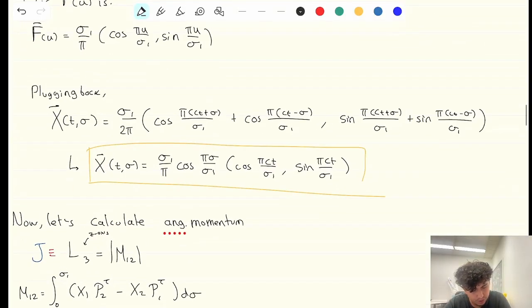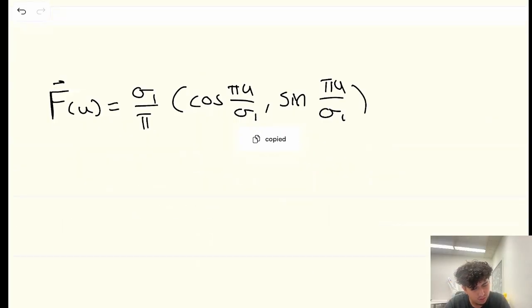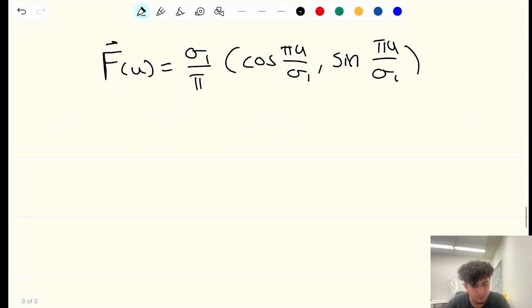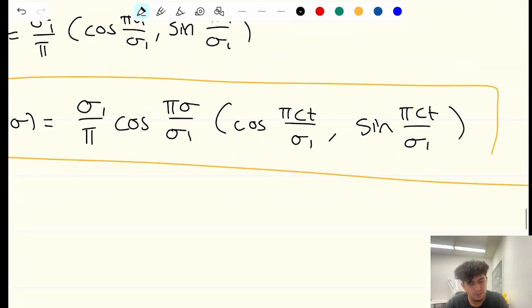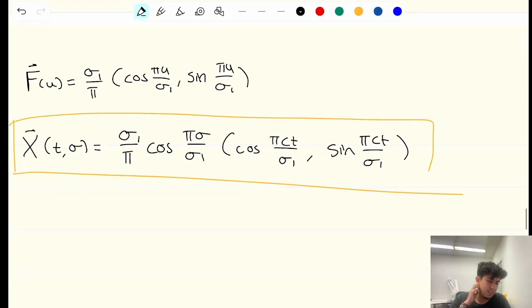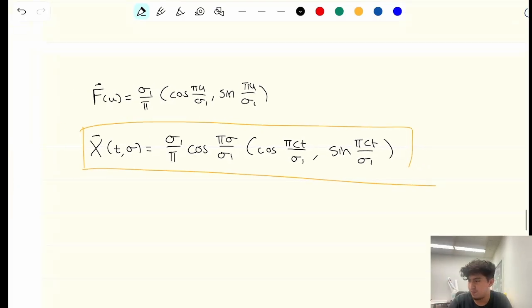Cool. So this is the solution for this calculation. This is how the string behaves. You can see here it's periodic, and also the amplitude changes depending on where you are on the string.